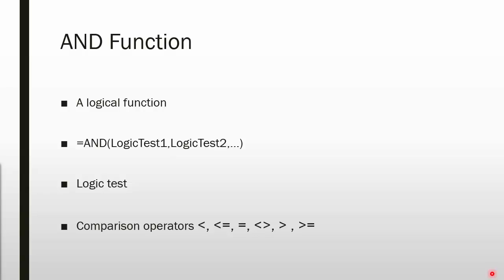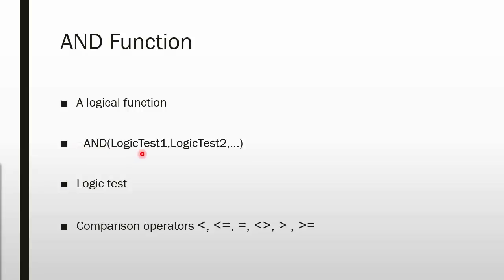You have a series of logic tests that you would like to compare. In order for the AND function to return a true result, every single logic test in the function must be true. The syntax for an AND statement, as usual, starts with an equal sign, followed by AND, open parenthesis.